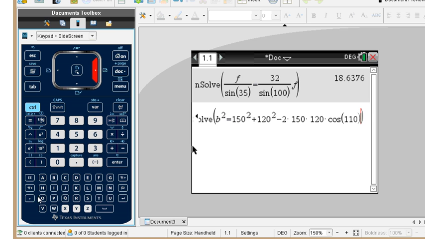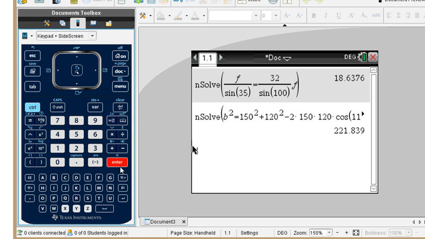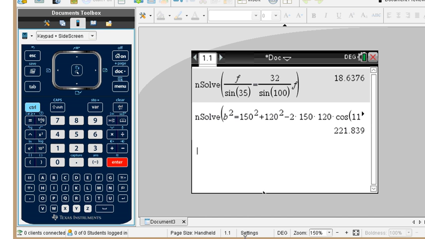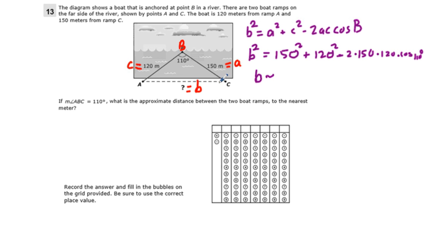And go to the right, press comma b, and we get 221.8. And I think we're supposed to round to the nearest foot. So b is approximately equal to 222 feet, rounded properly.